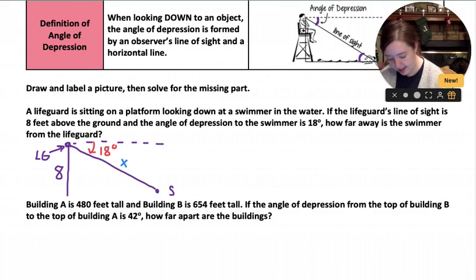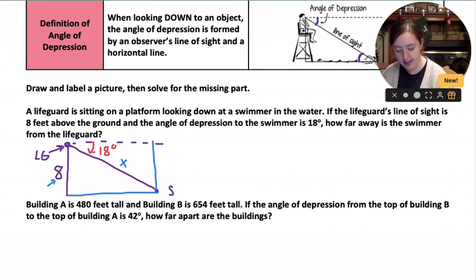Cool, so here's what I like to do. I like to go ahead and make myself a rectangle. I know because of how rectangles work, opposite sides are congruent. So since this side is 8, I know this length is going to be 8 as well. So now I'm going to work on my green triangle.